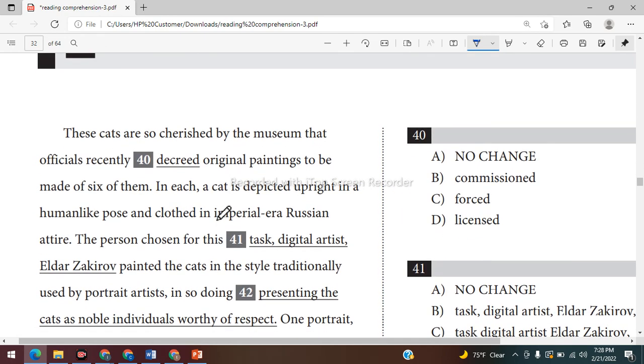They talk about how cherished they are, so they put paintings of the cats, and the paintings are almost majestic, like they are robed with kingly and queenly vestures and attire.